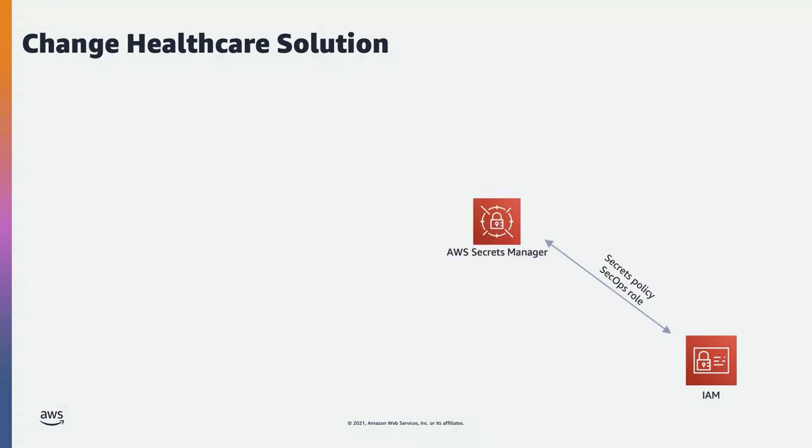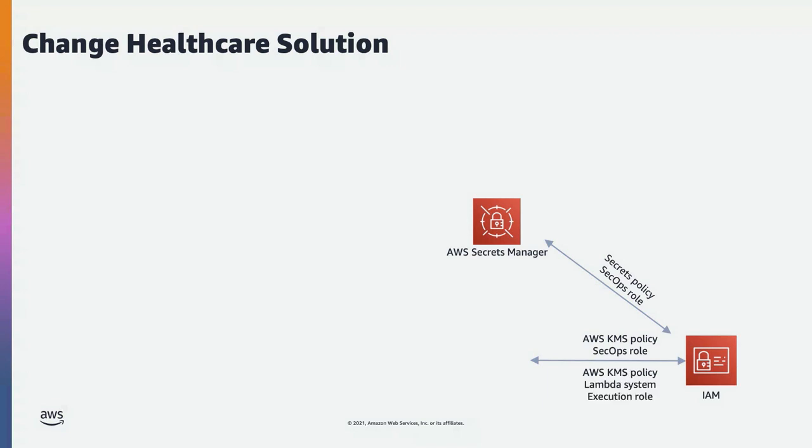So let's walk through the full solution, and we're going to discuss Change Healthcare's architected solution that best met their needs. We first started out with IAM, and we created that secrets policy going to AWS Secrets Manager to allow permissions for the SecOps role.